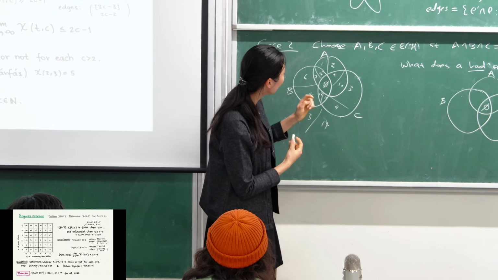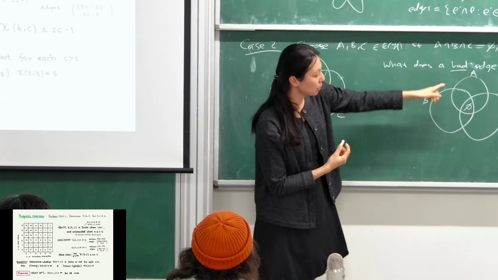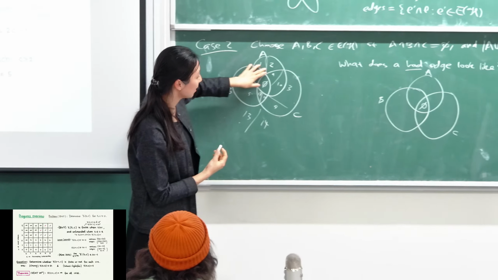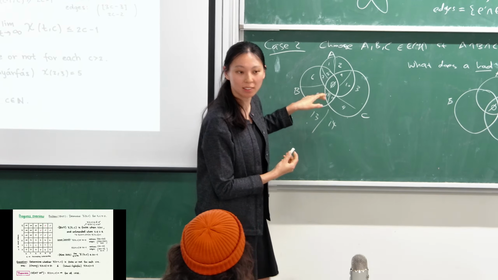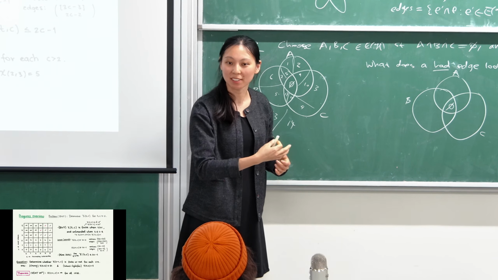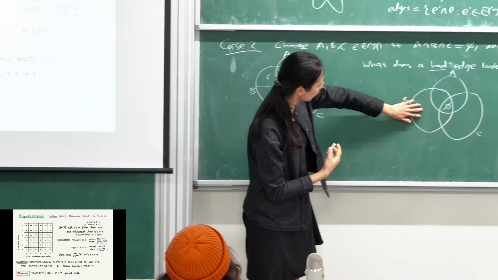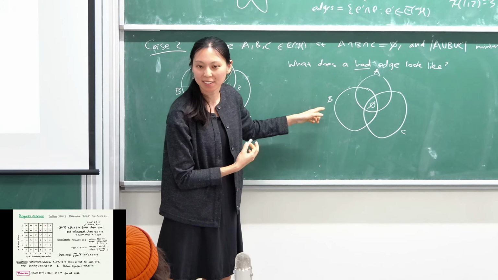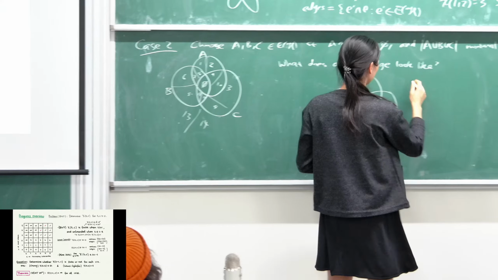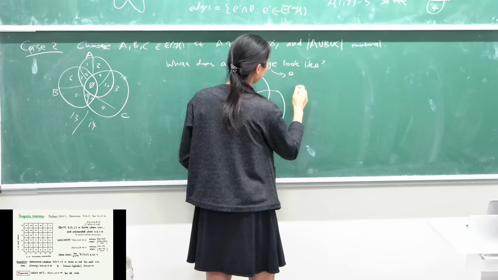So it can only touch at most 2 regions, right? Because from every region it touches, it has to pick up a new color. On the other hand, it has to also see at least 2 regions, because if it's only in one region, then it's actually contained in another edge, and we said that we were going to assume that's not the case. So let's call the bad edge E.